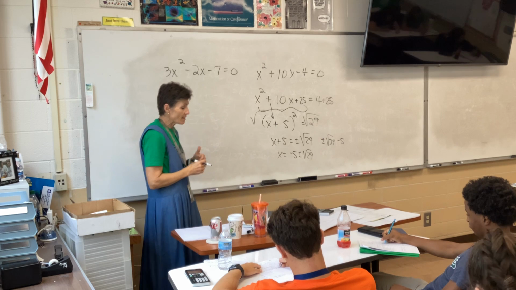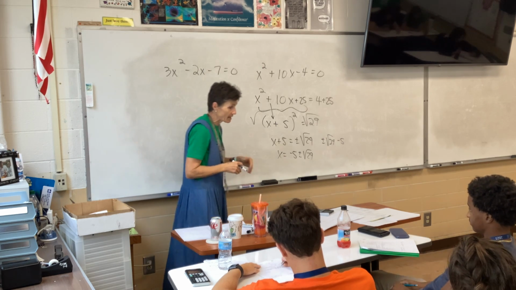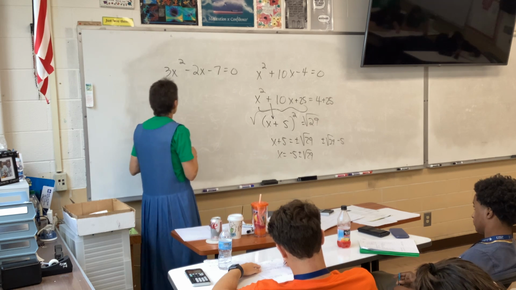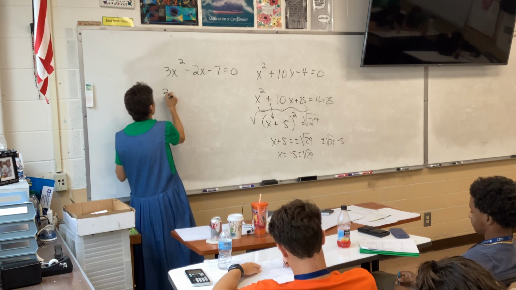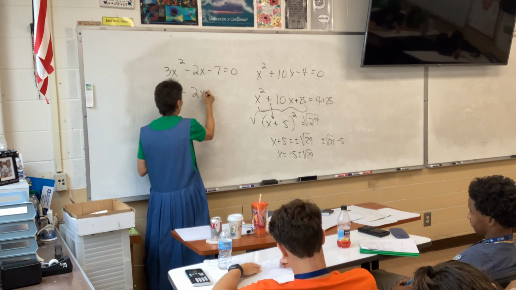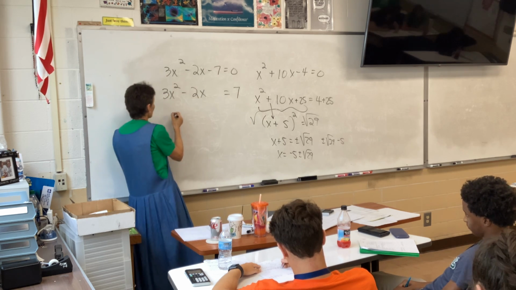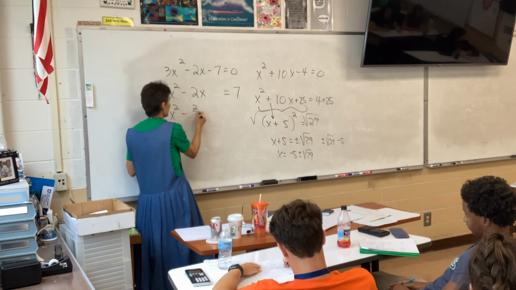The process is going to be exactly the same. The difference is, this time, we are going to have to divide, right? So we're going to divide everything by 3.